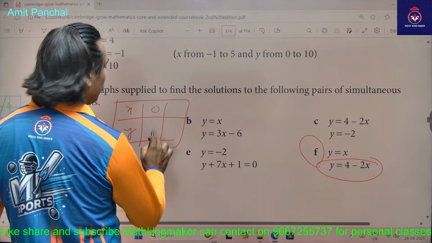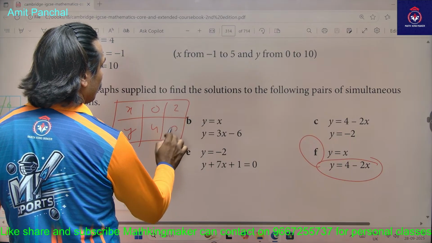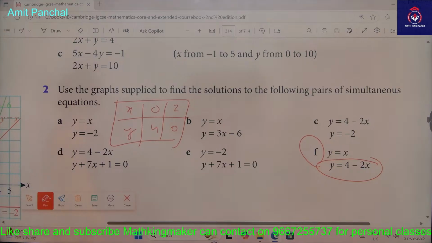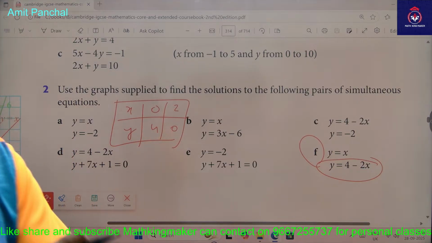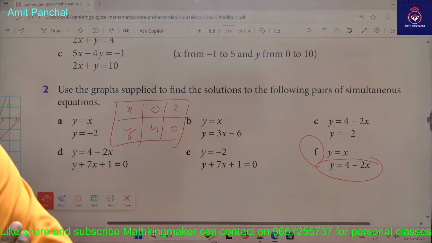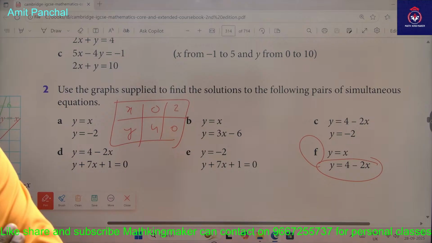So that is 0, 4 and 2, 0. Just show me your tab, how you have drawn this. Yeah, you need to be precise. Just some more up. Where is 2, 0?